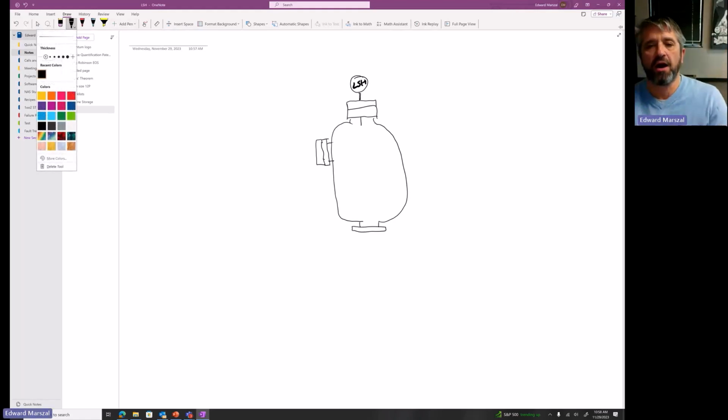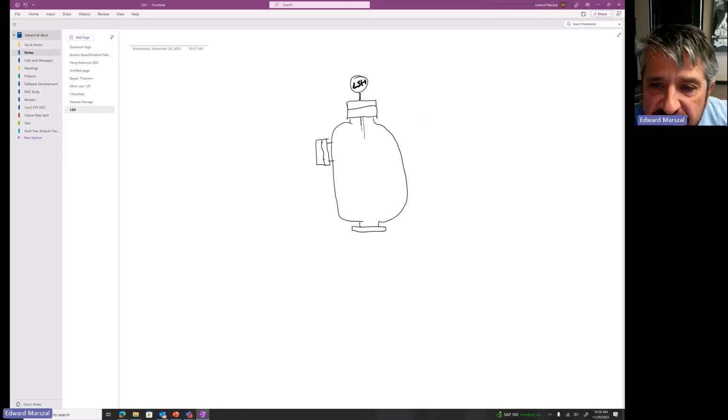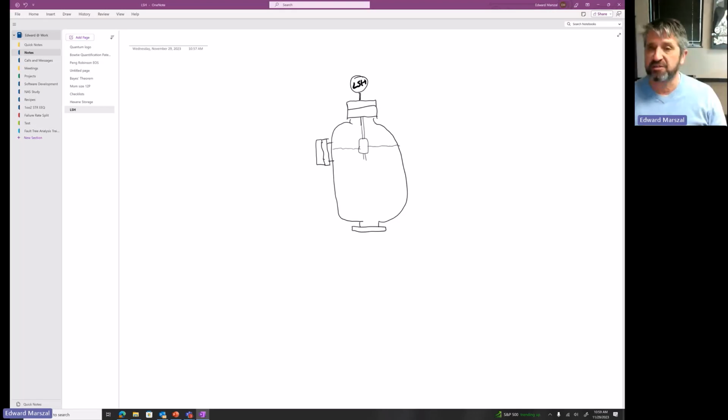For the level switch, it's a float type level switch. So here is my float. Basically that float is going to move up and down on the shaft with the level of material in the tank. If the level goes too high, the switch is going to activate and cause a shutdown. What could possibly go wrong?